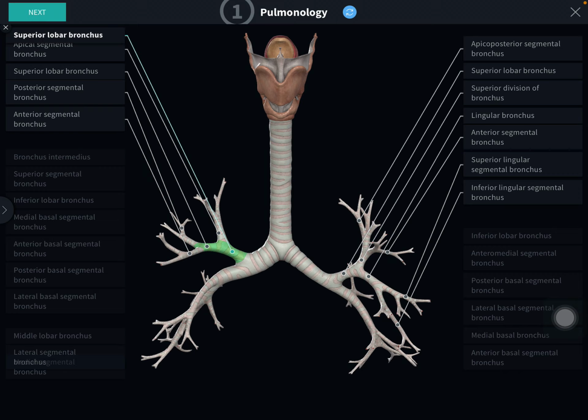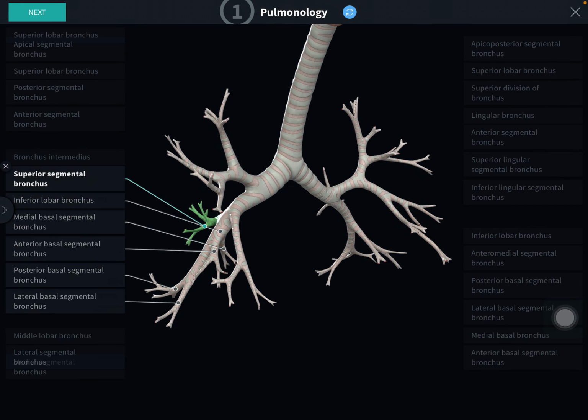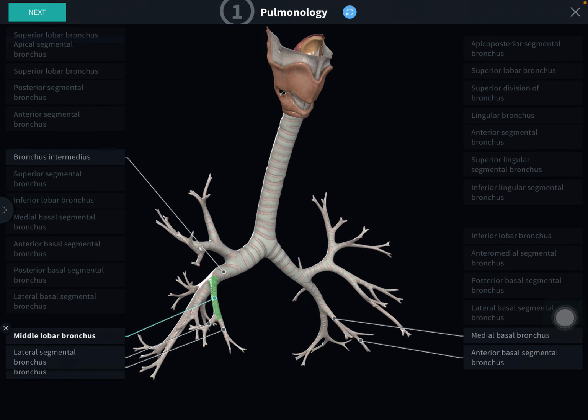This is the superior lobar bronchus of the right lung, apical segmental bronchus, posterior segmental, anterior segmental, bronchus intermedius for the middle lobe, then superior segmental, inferior lobar bronchus, medial basal segmental, anterior basal segmental, posterior basal segmental, lateral basal segmental, middle lobar bronchus, lateral segmental bronchus and medial segmental bronchus. So we have finished the right side.